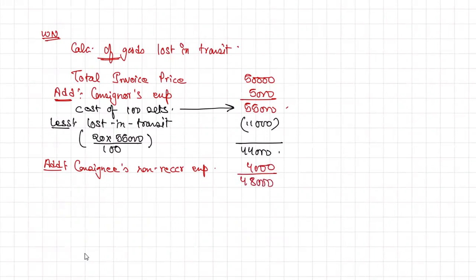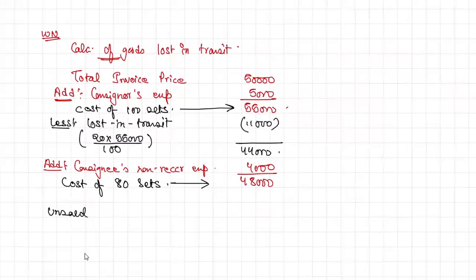Correct. Now this 48,000 is cost of 80 sets, because 20 were lost in transit. Now out of this 80, 60 are sold, so only 20 sets are left. So unsold stock is what? 100 they have sent, 20 were lost in transit, 60 were sold.